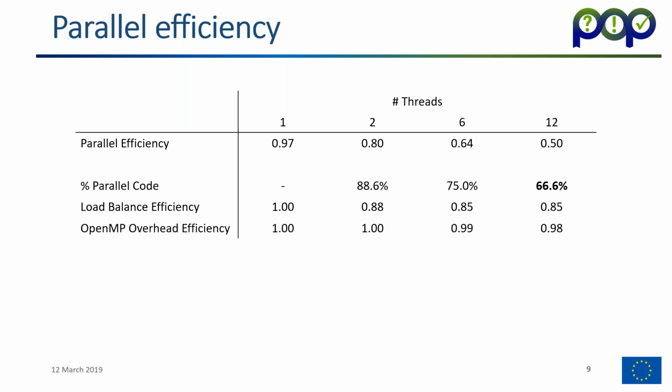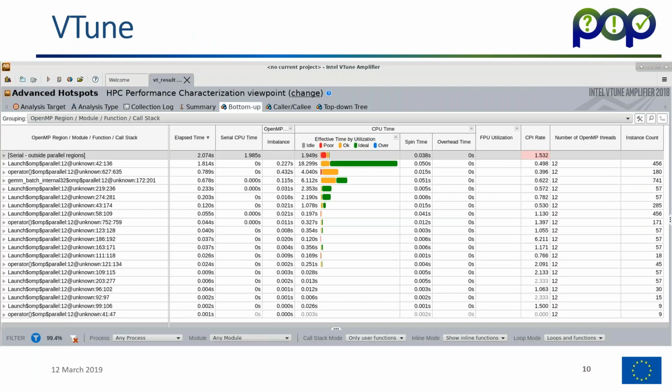Now, if you've used VTune before, you might be aware it has a large number of different modes of analysis and screens that present results to you, which can be quite daunting if it's the first time you've used it.